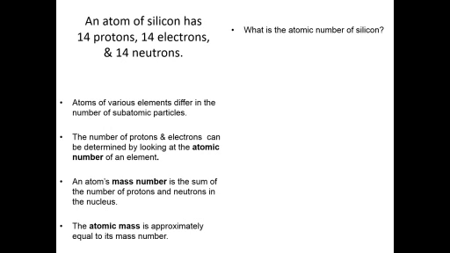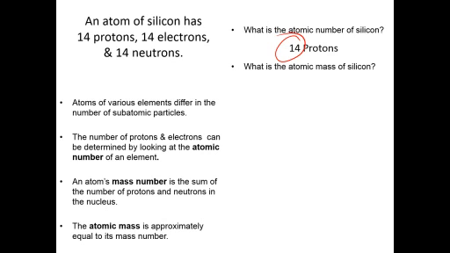The atomic number tells you the number of protons or the number of electrons in an atom. Since we have 14 protons, we have an atomic number of 14.